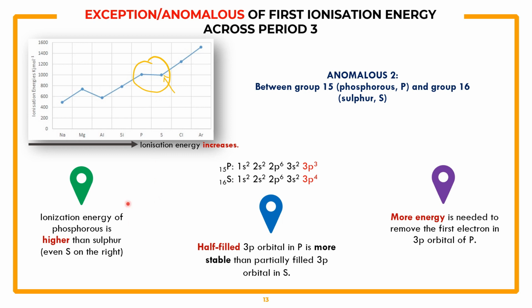So let's see the reason. The ionization energy of phosphorus is higher than that of sulfur. Why? We can see clearly from the electronic configuration.